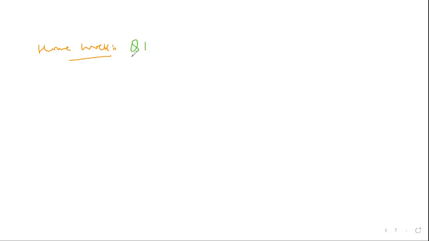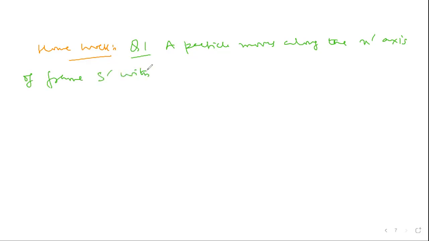This question says, a particle moves along the x prime axis of frame S prime with a speed of 0.413 c.